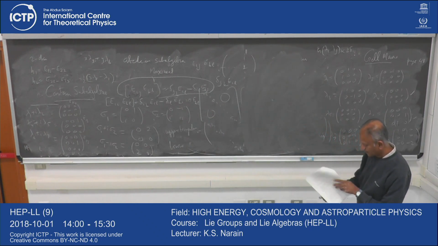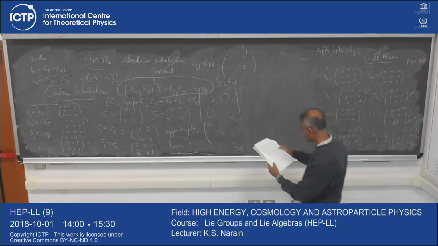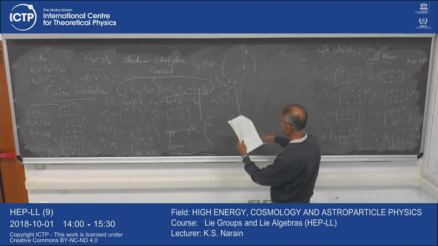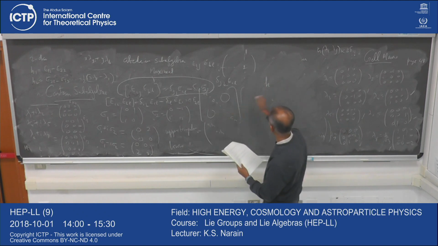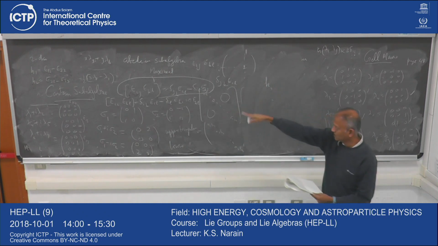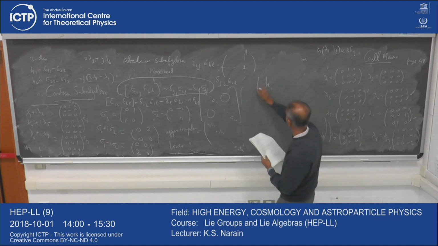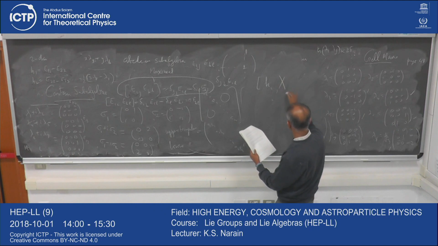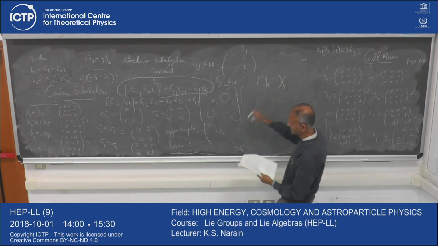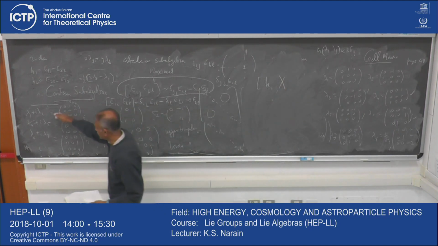So these are called the roots. You define something like this. These are my HI, whatever basis I've chosen. So HI, the commutator of HI with some eigenstate. Actually what I'm claiming is that these are the eigenstates.